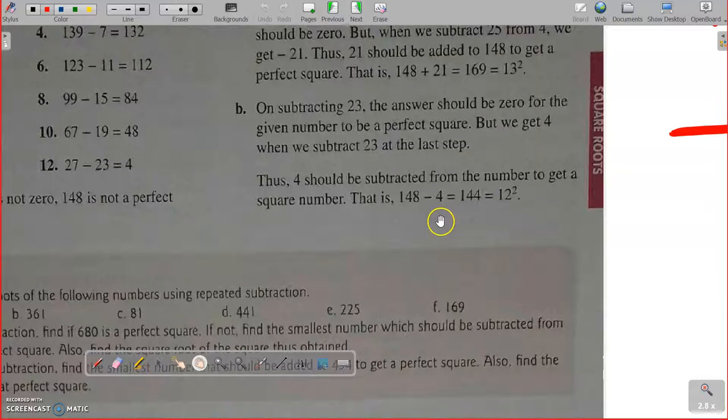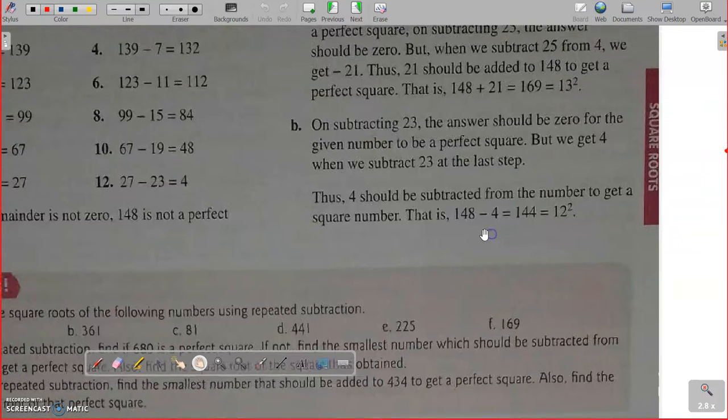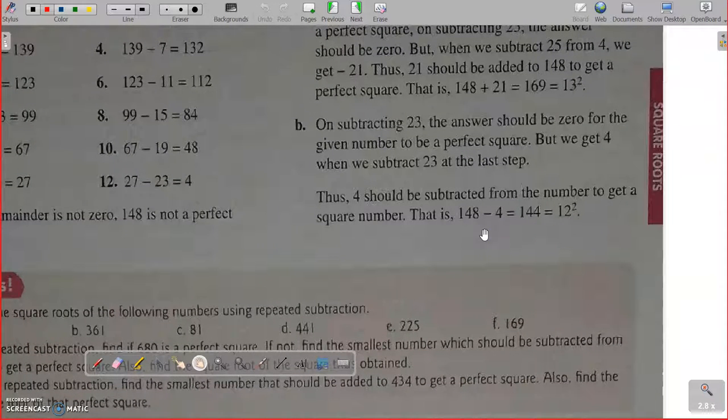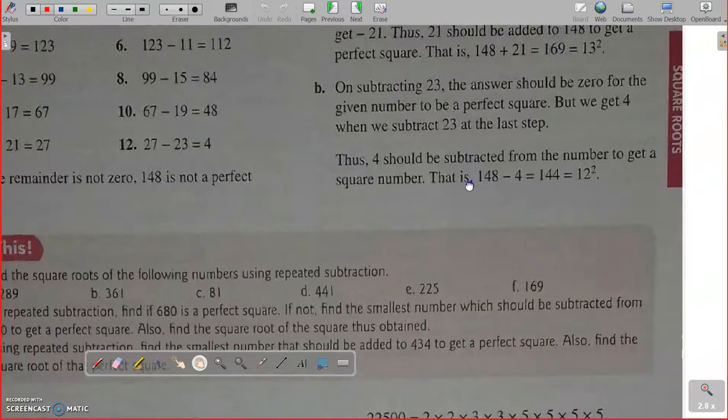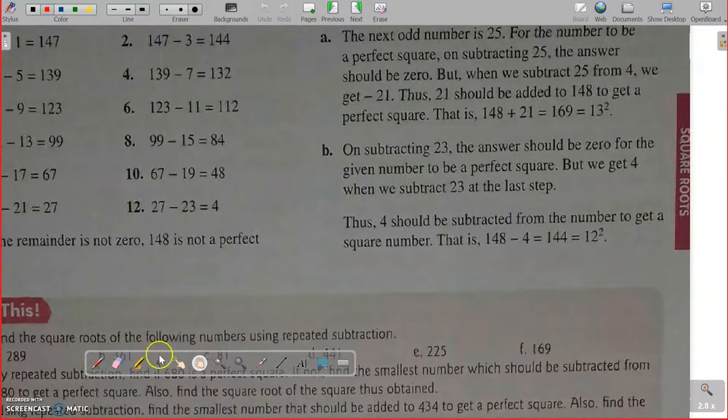Then which answer will be correct, sir? No, for adding, when we add, 13 square will be the next square number. When we are adding, of course the square number will be bigger.